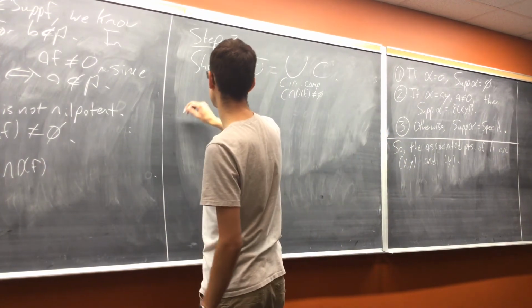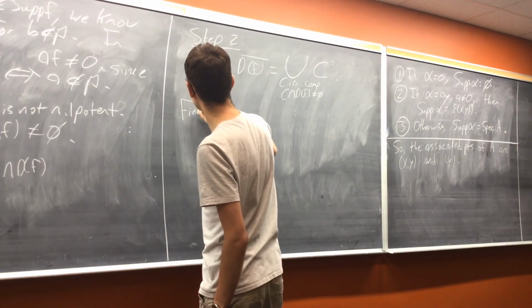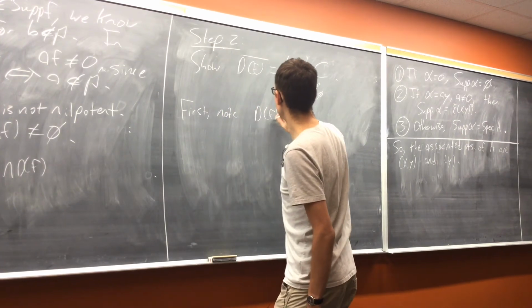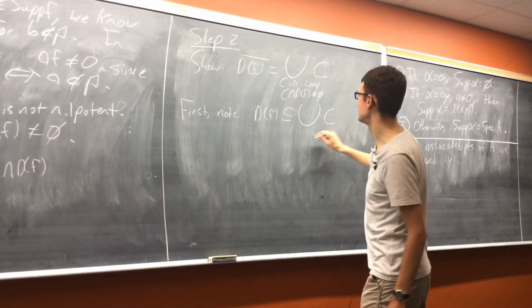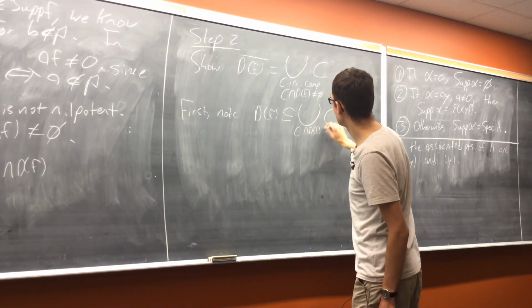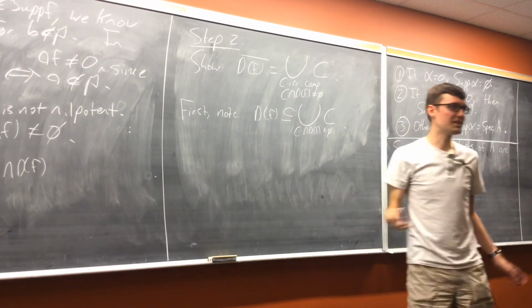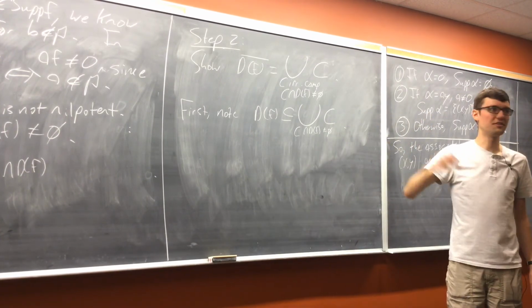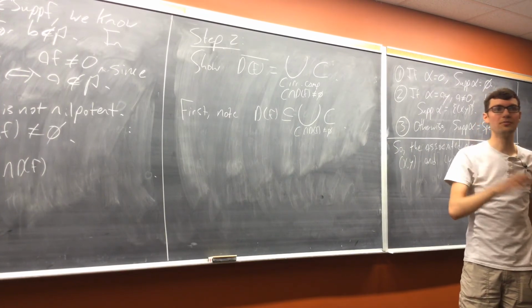So for the one containment, first, note again, dF is certainly contained in the union of these C's that meet dF. Because my entire space is a union of such components, and the only relevant ones are going to be the ones that contain dF, or meet dF in some way.